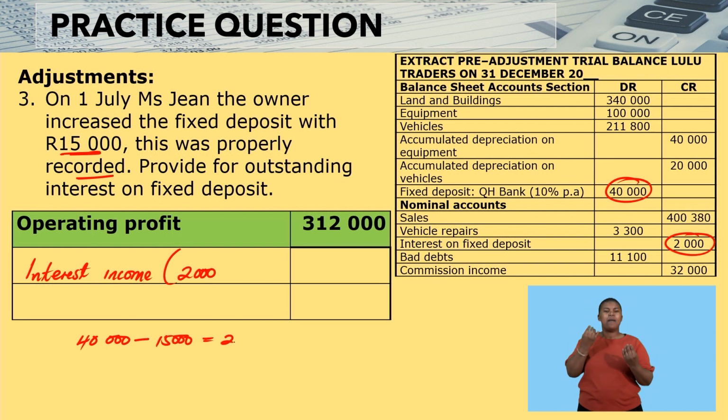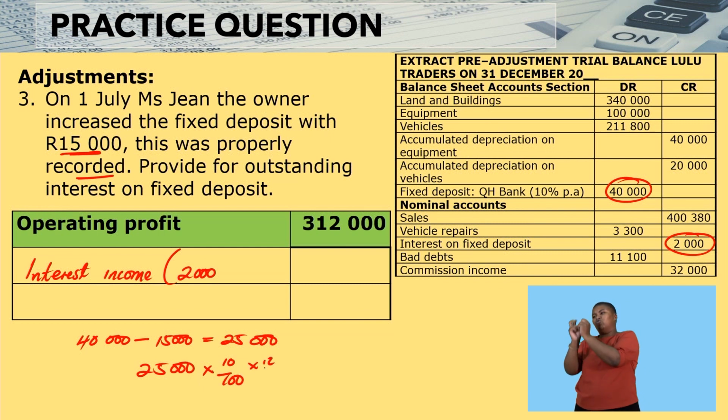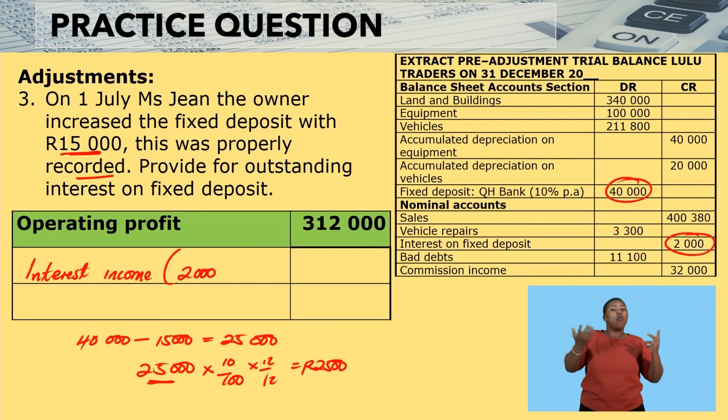That will give me 25,000. This is the fixed deposit that we had for the entire year. So I'll take my 25,000 and multiply by 10 over 100, multiplied by 12 over 12. That will give me 2,500. This is the interest on this 25,000.